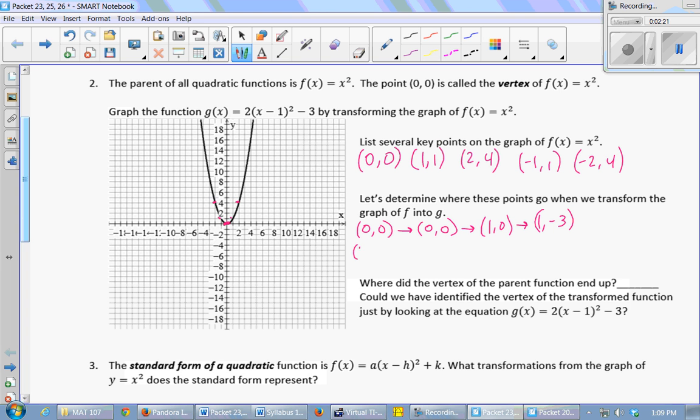So let's do (1, 1). When I double the y-coordinate, I would become (1, 2). Double the y, yep. And then I go right 1, so I'm going to land at (2, 2). And then I go down 3, so I would be at (2, negative 1).